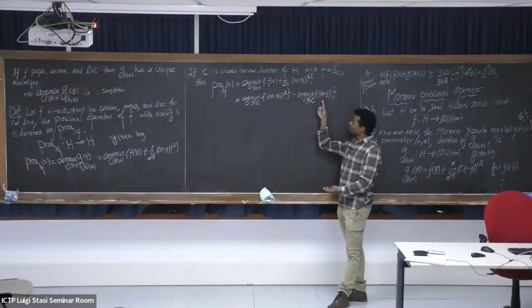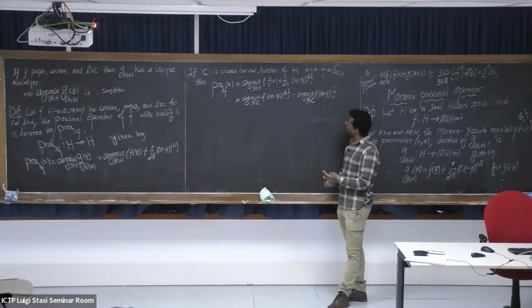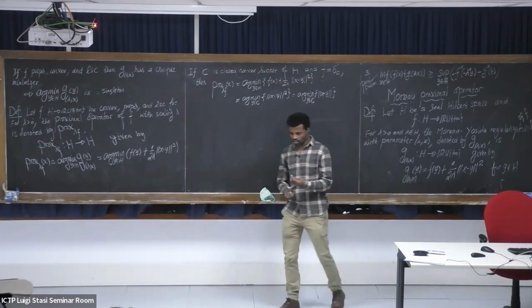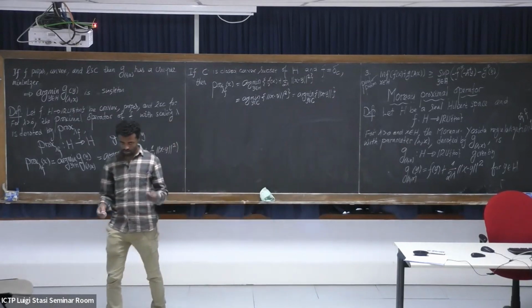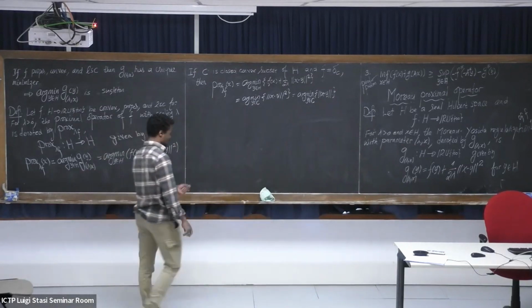So this means it is just finding a point in C very close to x. Among the points in C, the point which is closest to x.